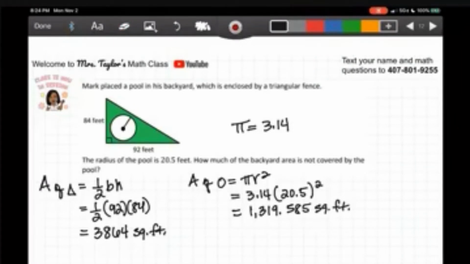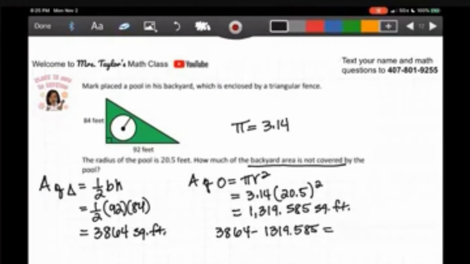Well, to find the area of the backyard that is not covered, this is the portion that we want now. You need to subtract these two quantities. So we're going to say 3,864 minus 1,319 and 585 thousandths.